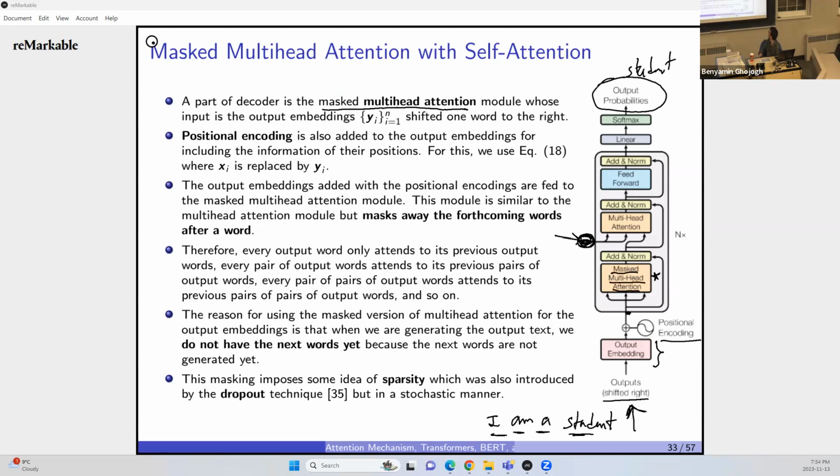What does it do? First off, it's multi-head self-attention. Why self-attention? Because query, key, and value are from the same sequence. And it's multi-head because it's repeated several times, h times. The difference is masked. In the encoder, it wasn't masked, but here it's masked. Why?